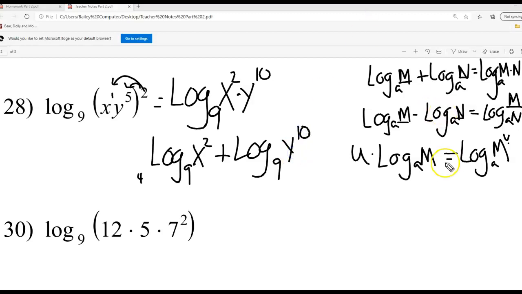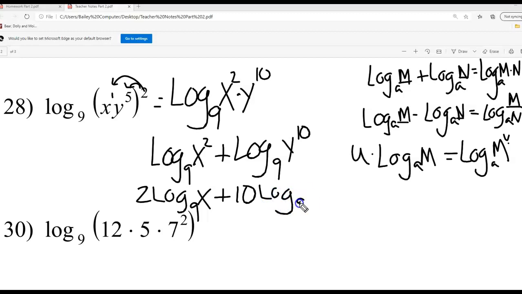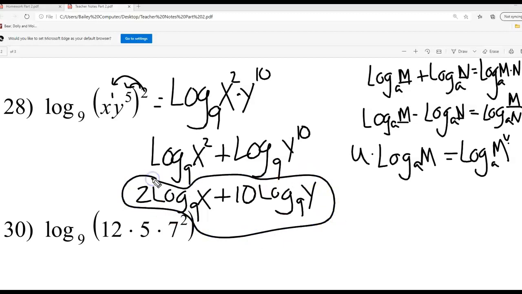And then finally, we can apply the reverse of rule 3. The reverse of rule 3 says that if you have a power on your argument, you can move it to the front as a multiplier. So we can write it like this, and there we go.